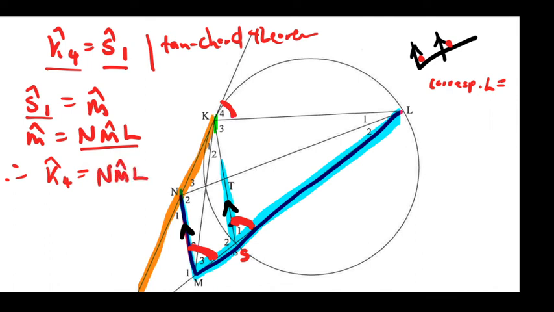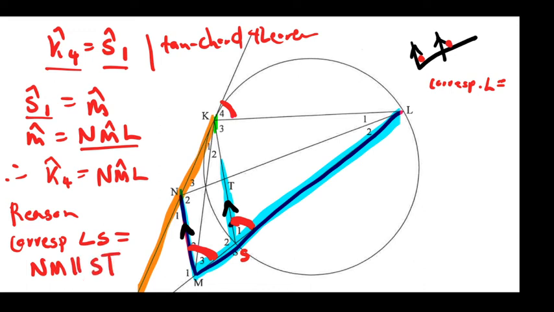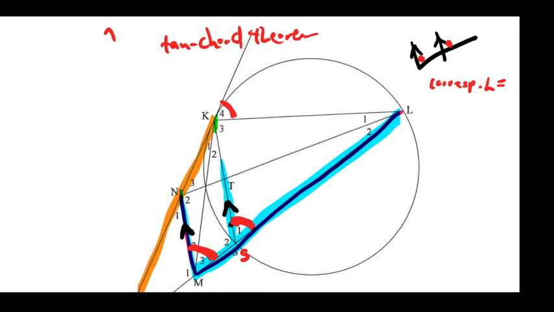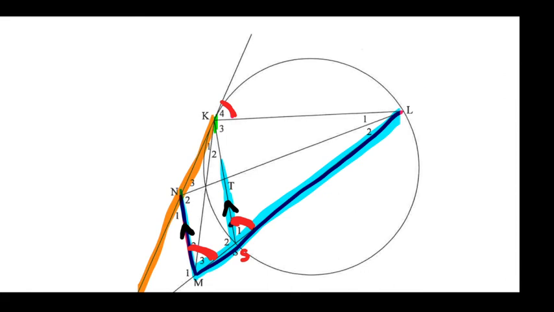And the reason for that is corresponding angles equal, by indicating that NM is parallel to ST. So we are done with this part of the question. If there's anything that I omitted, please let me know in the comment section. That would really help, but we are done with this portion.